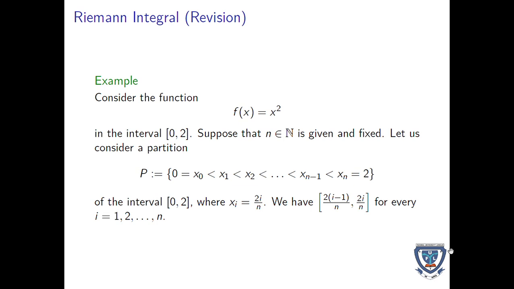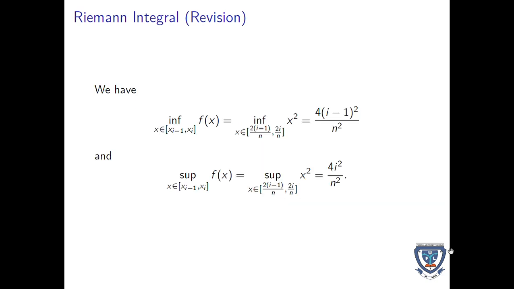Let's take another example. This time, the same function, but the interval is from 0 to 2. The partition is well defined, and we are taking the partition this time to be [2(i-1)/n, 2i/n], for every i running from 1 to n.